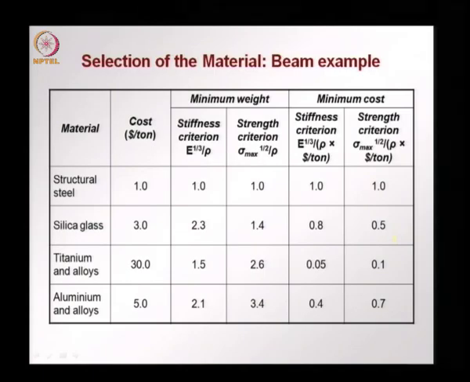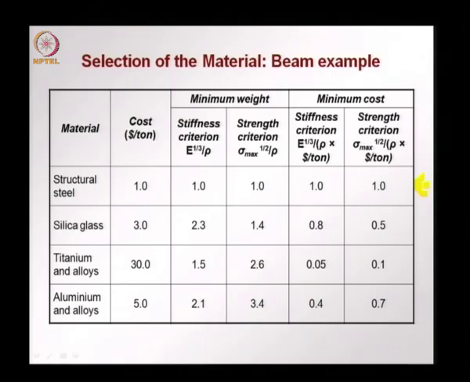So, we will take some of the materials that we looked at before, and these are used commonly in construction. And as I said before, we have set all the values for steel as 1. So, that means for the other materials we have normalized with the value of structural steel.